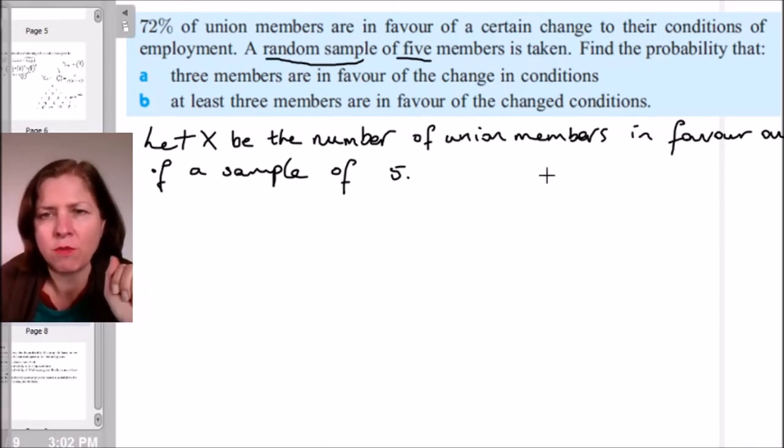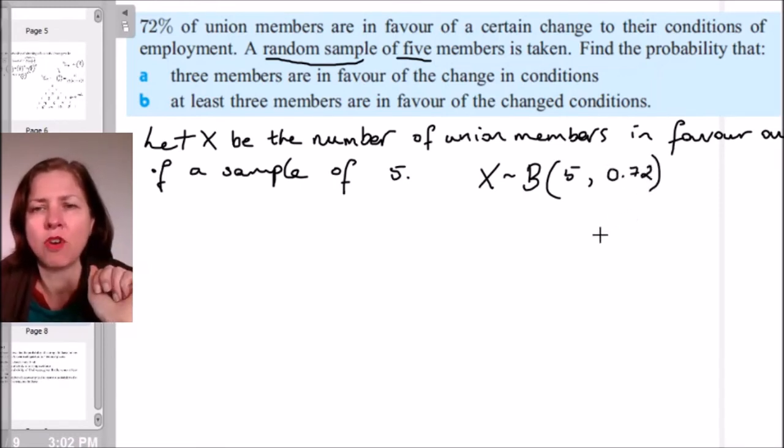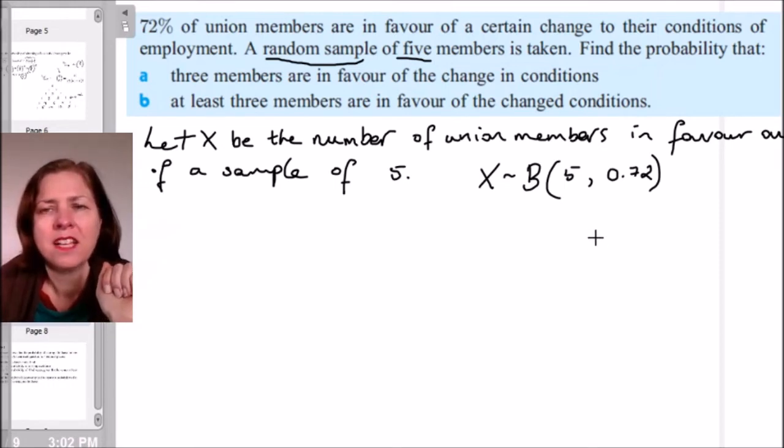And the other thing I'm going to straight away jot down then is that x is a binomial distribution, with a sample of 5, there are 5 trials, and the probability of success, that is a union member being in favour, is 0.72. I never write a percentage, I always write it as a number between 0 and 1. Okay, so now we can start answering questions.